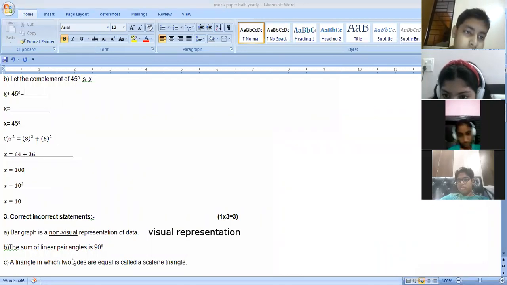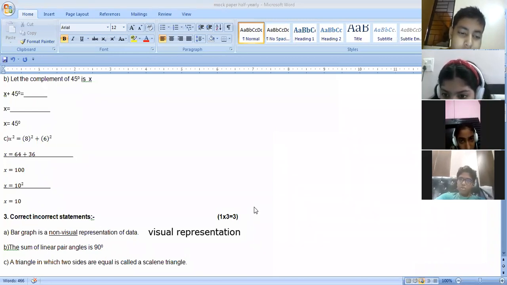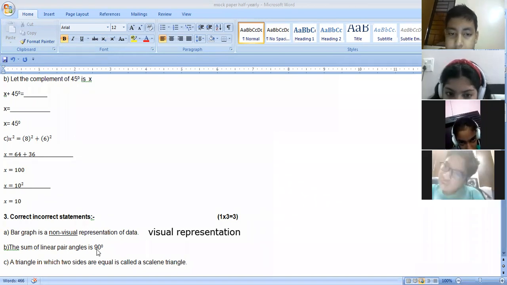Next is, a sum of linear pair angle is, yes, Kavya, Anya Thakur, that's right. Sum of linear pair angles is 180 degrees. Anya Jain, Utkarsh Pandey, that is right.